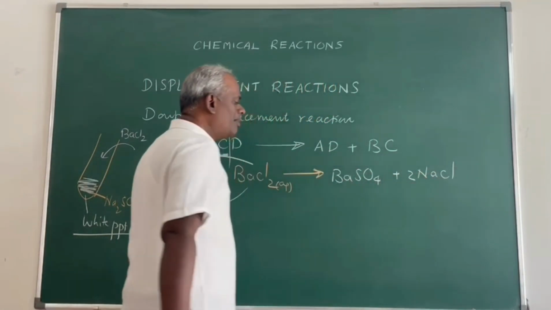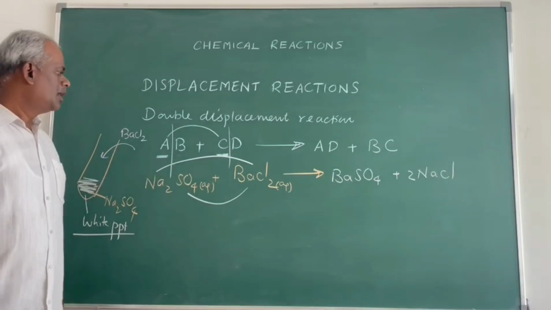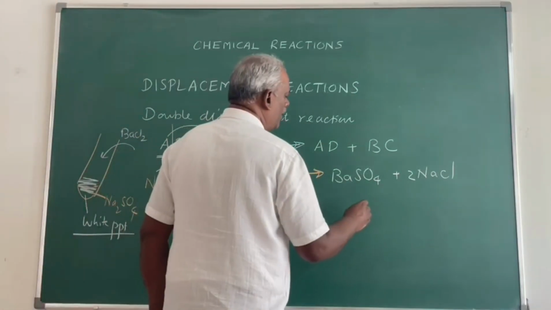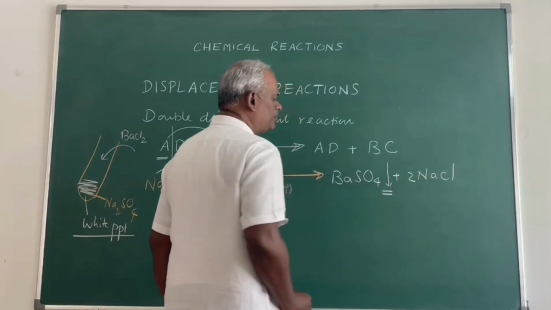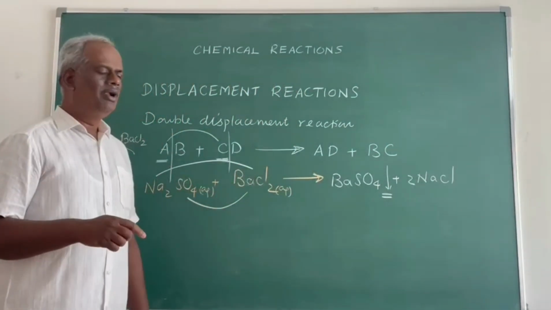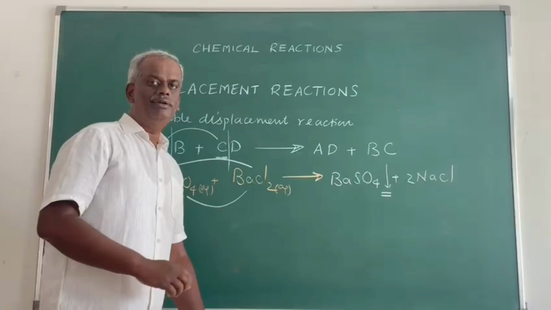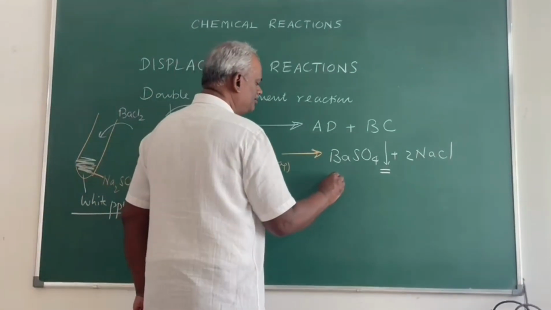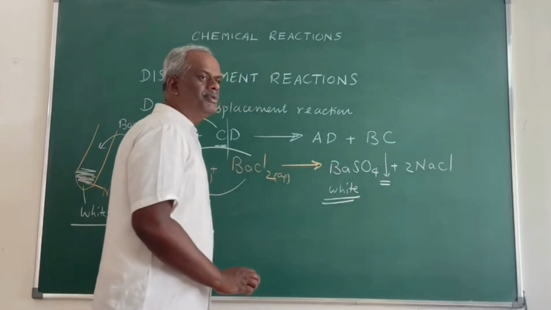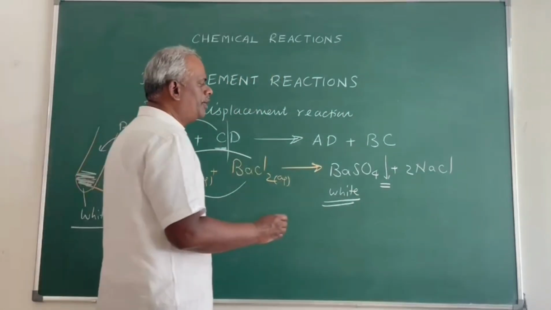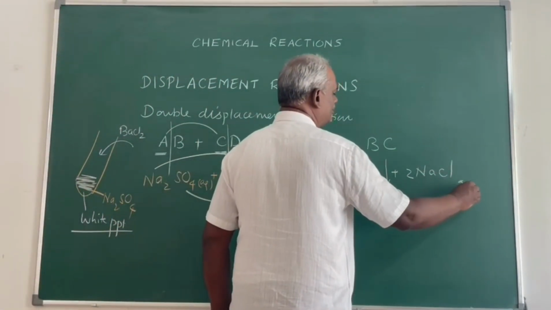The equation can be balanced like this. The barium sulfate will be in the form of solid, so to indicate the precipitate, we can have a downward arrow. Otherwise, we can put s for solid. It is white in color. So barium sulfate is responsible for this white precipitate, and the sodium chloride solution is obtained there.